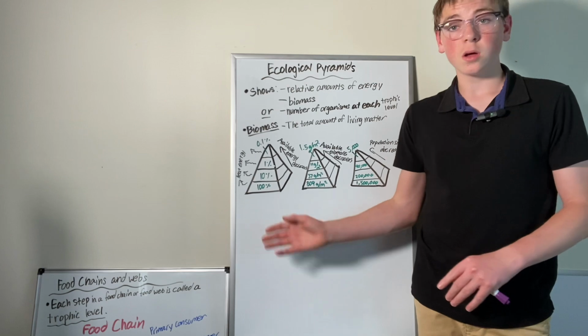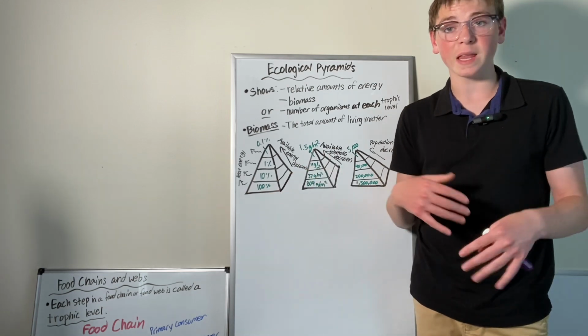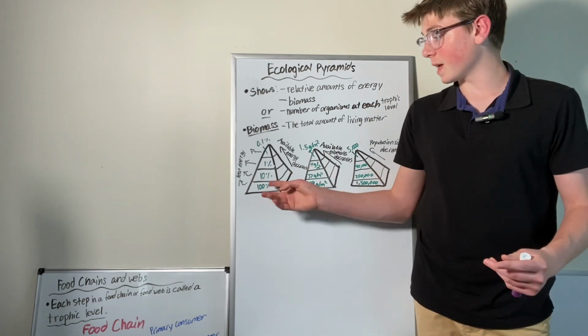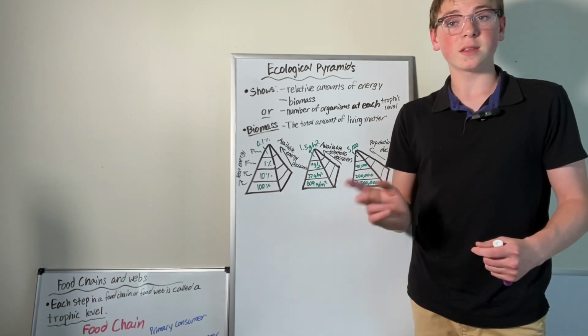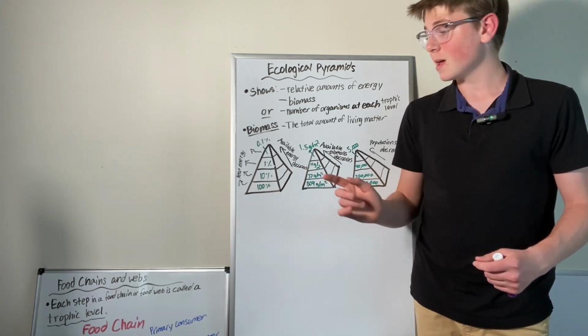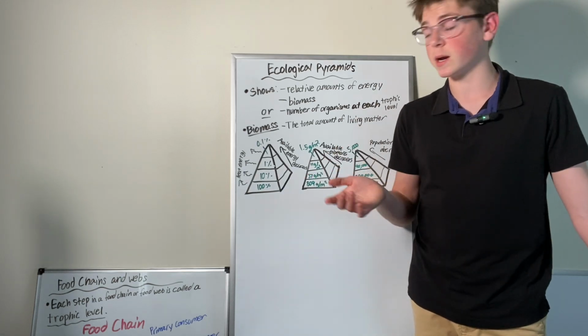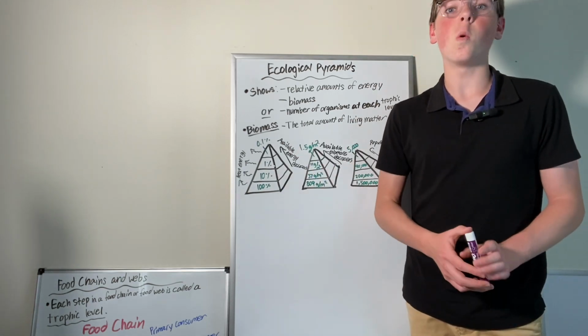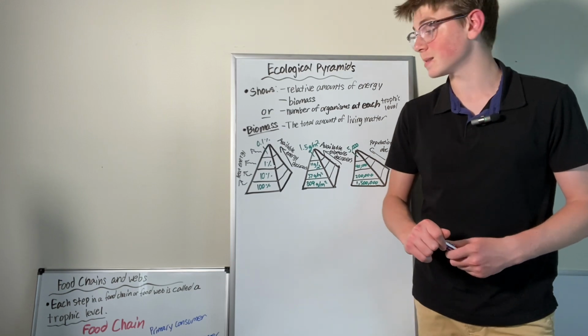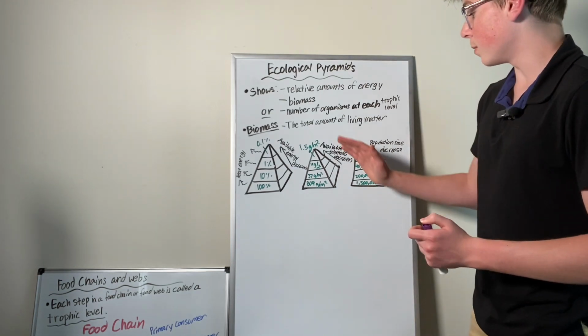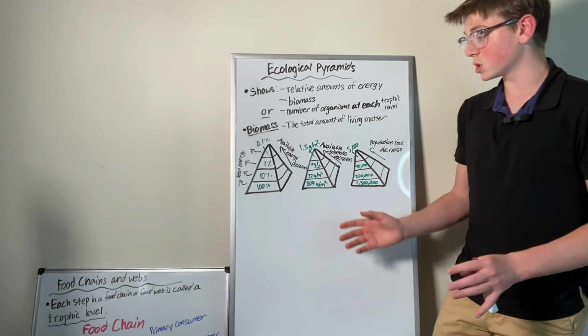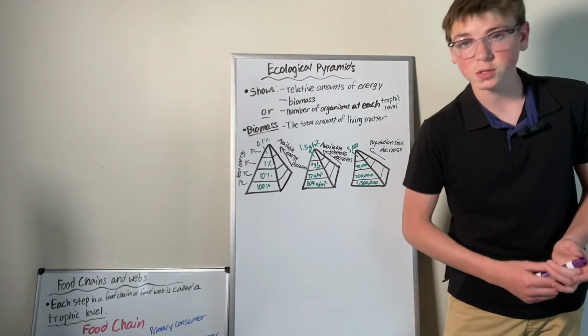Heat is used, all the metabolism of the plant went on, and now they get 10% of the energy. Now the secondary consumer gets 10% of that, and then finally, the tertiary consumer, or the apex predator, gets 0.1% of that energy.